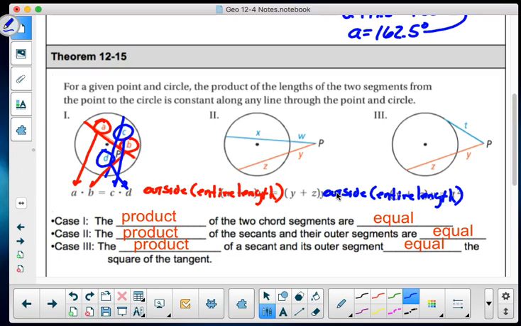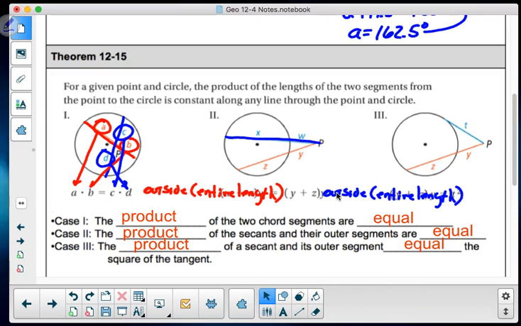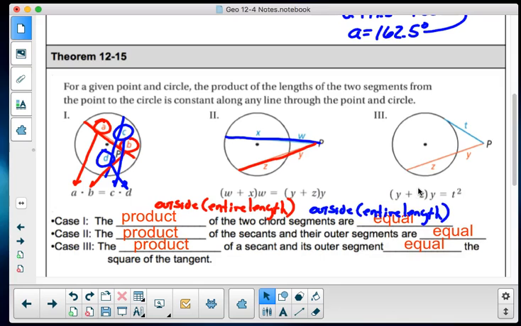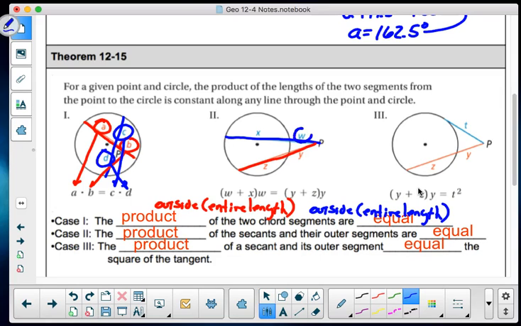Now, case 2 and 3 are very similar, okay? And I want to talk about that. This is a secant line. This also is a secant line. And if you would like, you can totally do this way, and look at this as W plus X. Well, W plus X is the entire length of the blue secant.